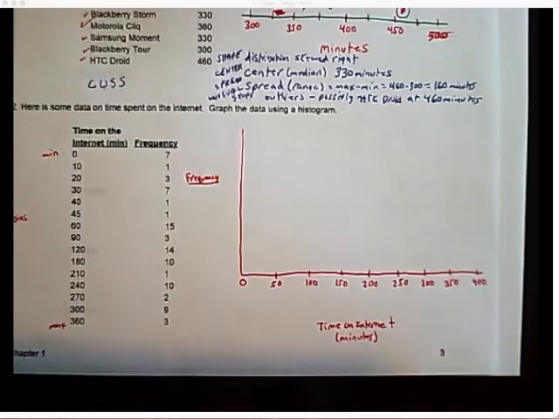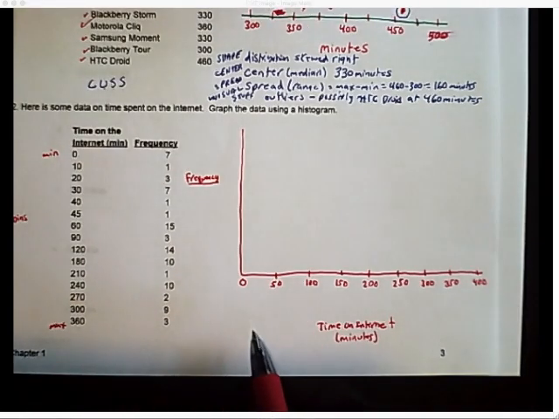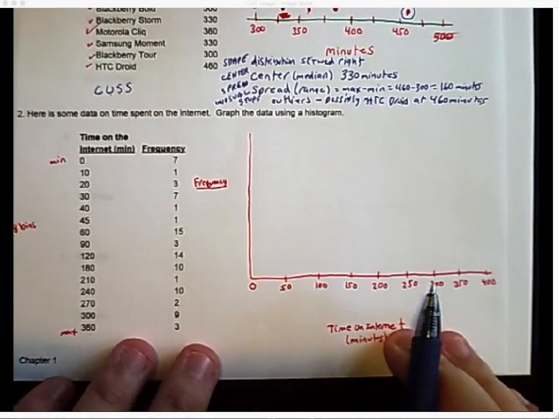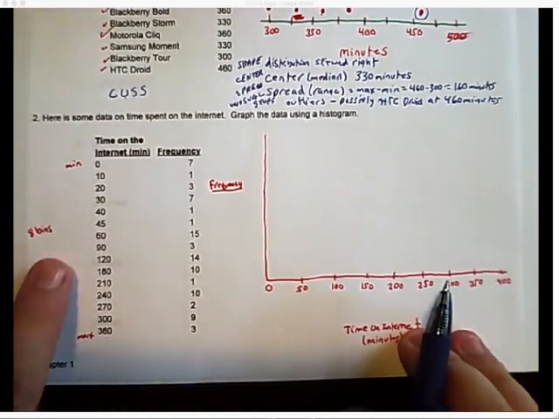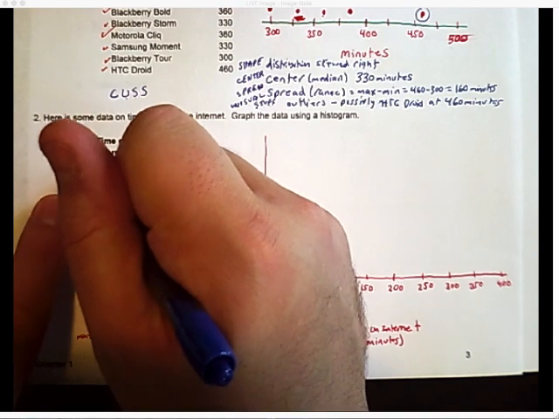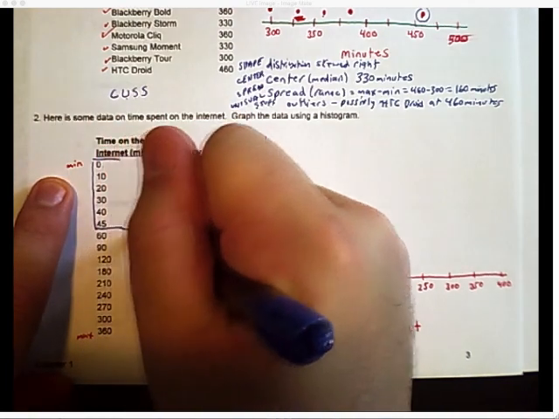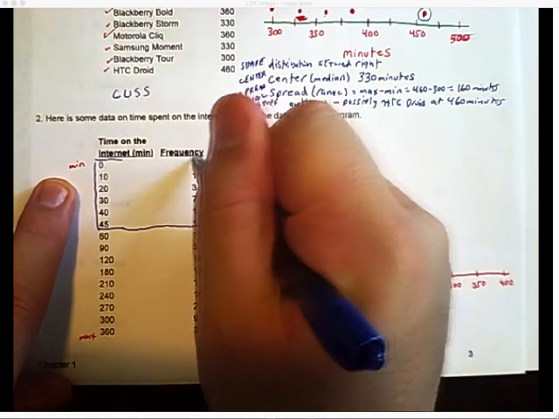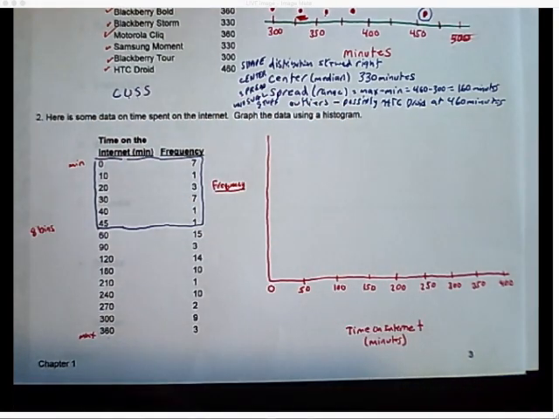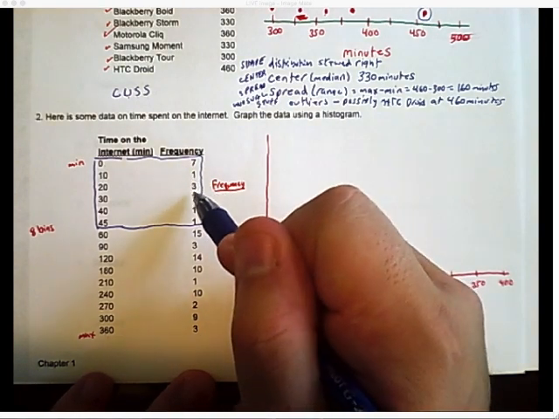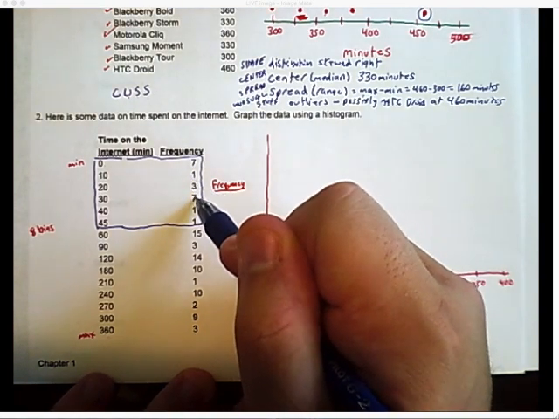So when we talk about frequency here, for 0 to 50 minutes, that means from 0 up through 50 minutes, but not including 50 minutes. So we need to add those numbers together. 7, 8, 11, 18, 19, 20.